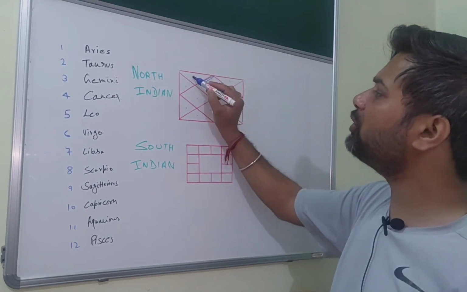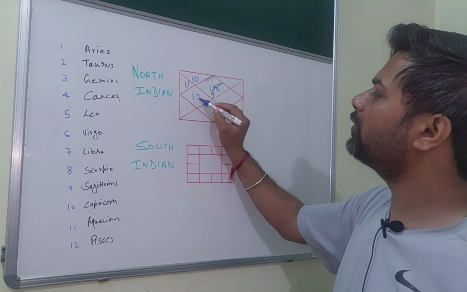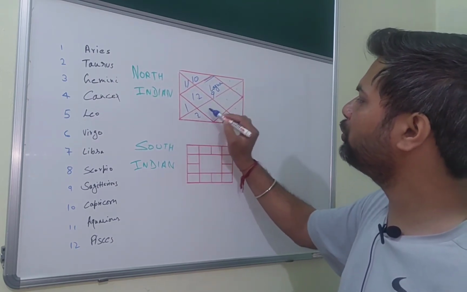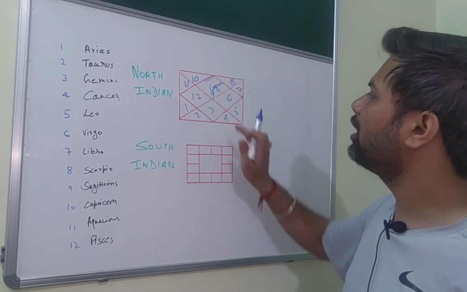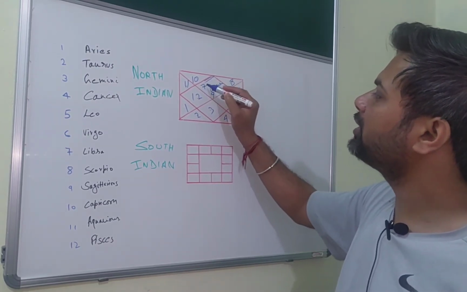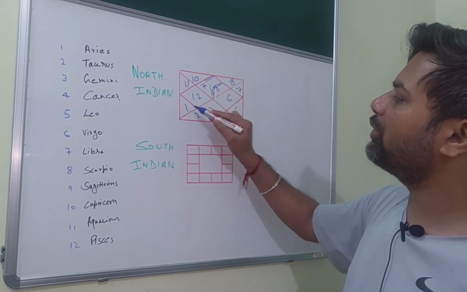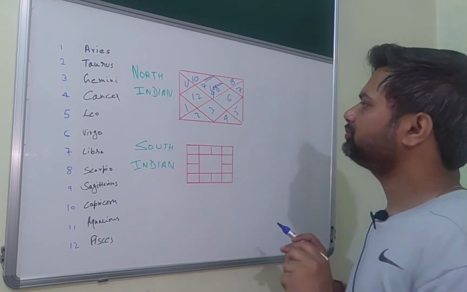So, the next number will be 10 here in the second house, then 11, 12, and so on: 1, 2, 3, 4, 5, 6, 7, 8. Now, if we put 7 here, then 8, 9, 10, 11, 12, 1, 2, 3, 4, 5, 6, like this.